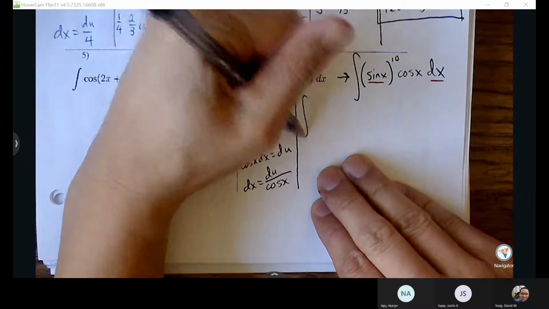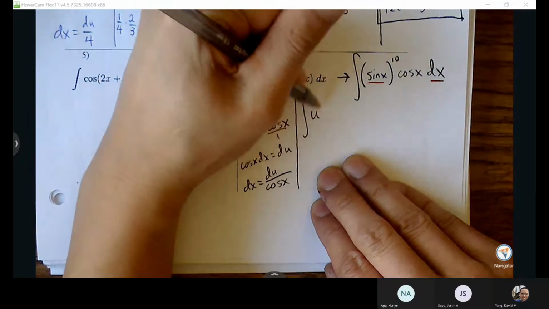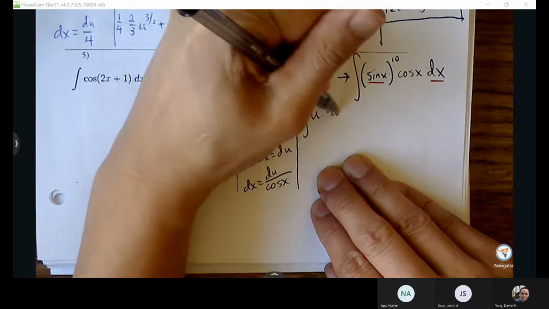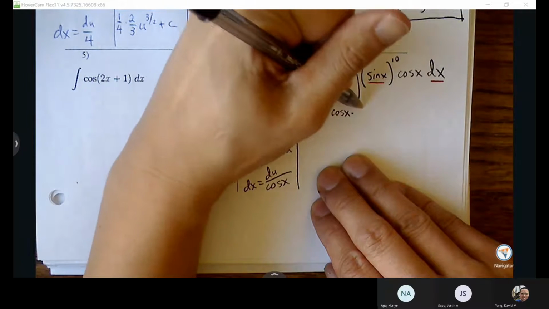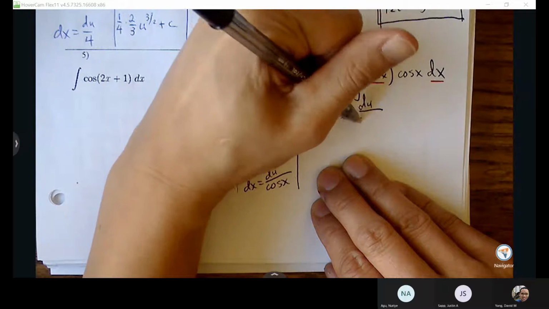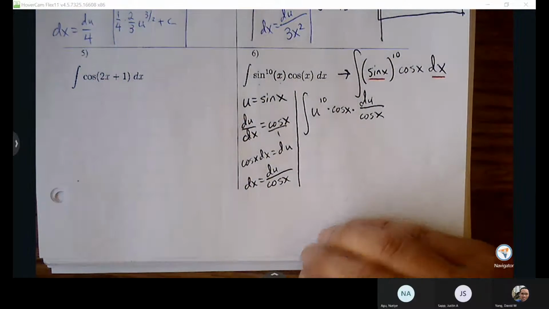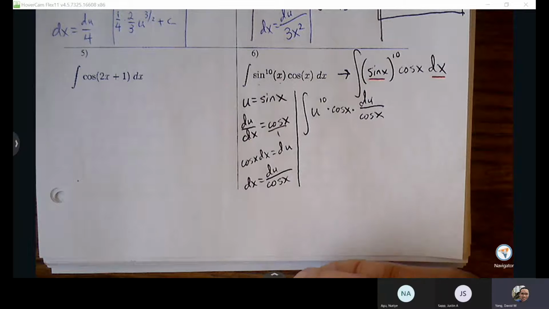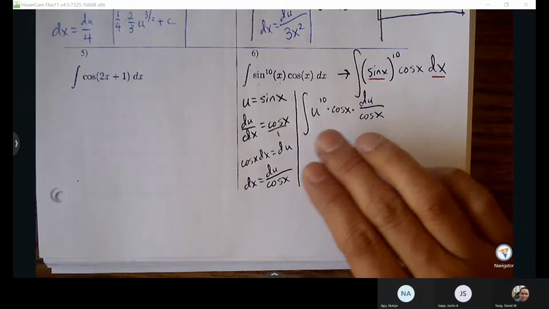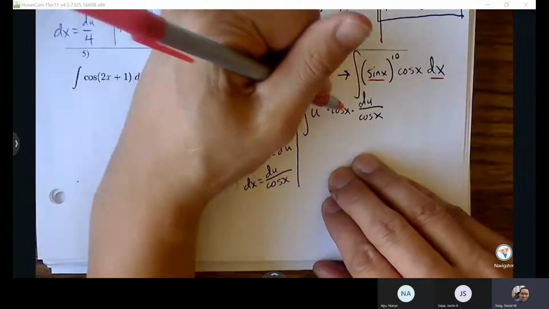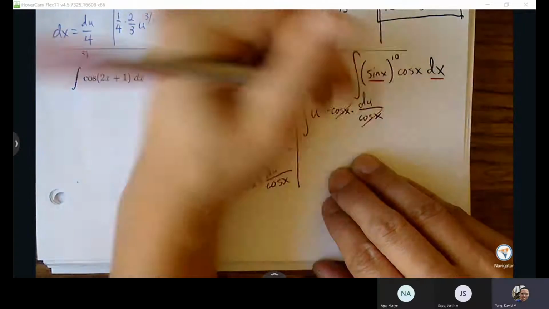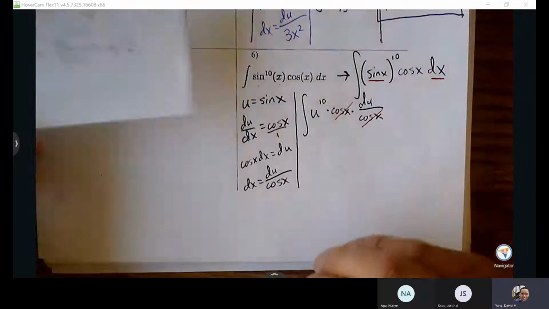All right, let's make our substitution here. Cosine x can cancel out. And now we're left with power rule that we can handle, right?